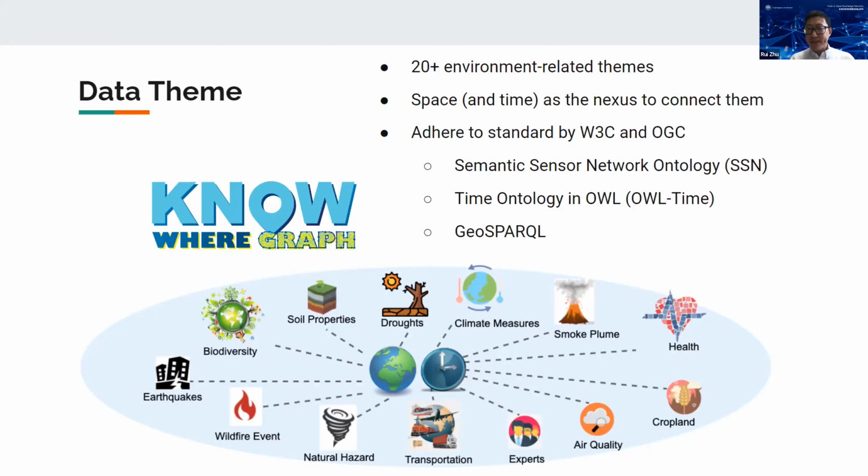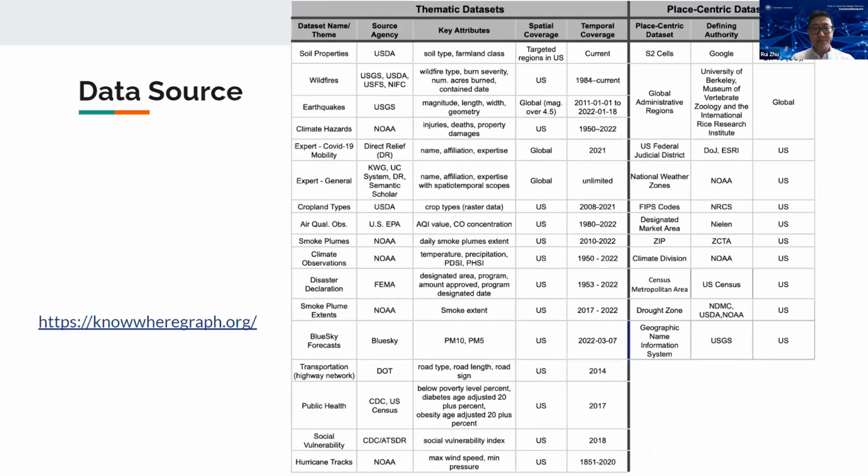While developing this, we also want other people to use it, so we use the standards developed by W3C and OGC. The key ones are SSN, the Semantic Sensor Network Ontology, the Time Ontology, and GeoSPARQL, so that our graph can be integrated with others as well. Next slide, please.